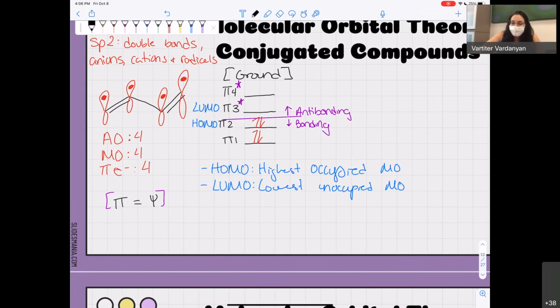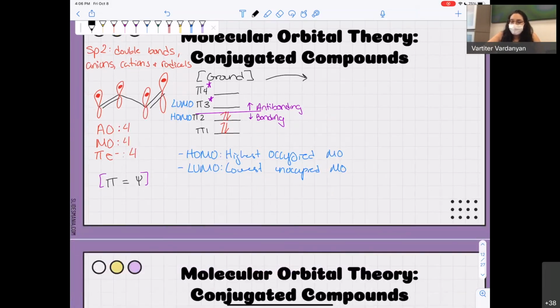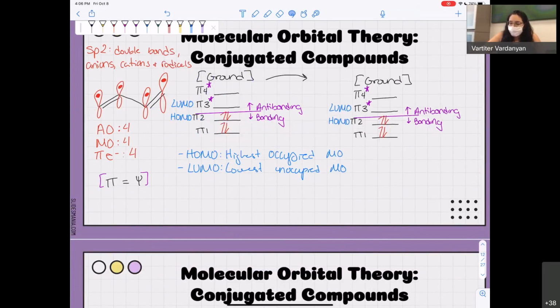When it gets excited, the part that people get mixed up is that pretty much nothing is going to change when it comes to the naming and the actual orbitals. So I'm just going to copy and paste this.